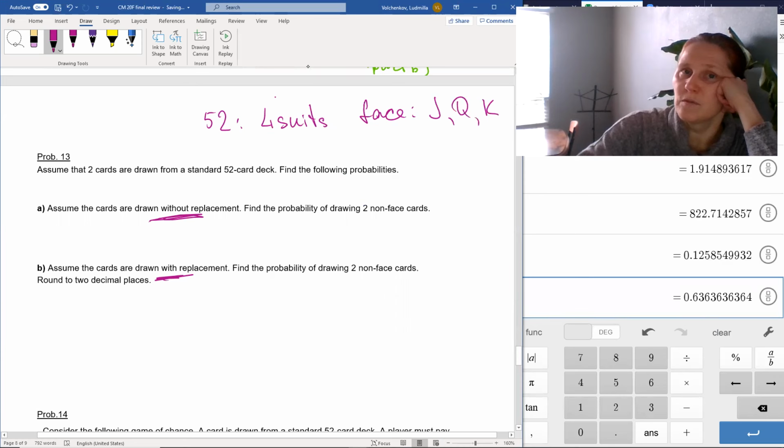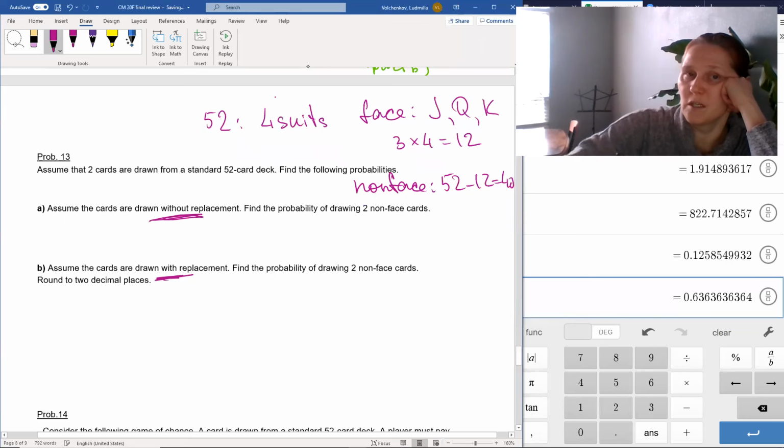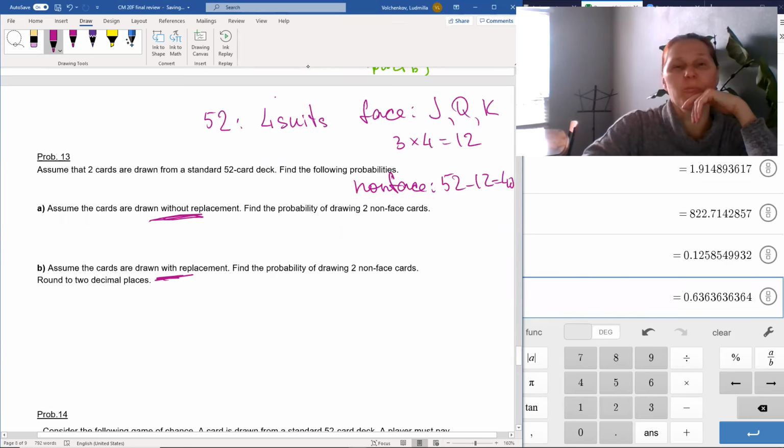So 3 times 4, 12 cards. So non-face cards are 52 minus 12, 40 cards. So the probability of the first non-face card will be 40 over 52.